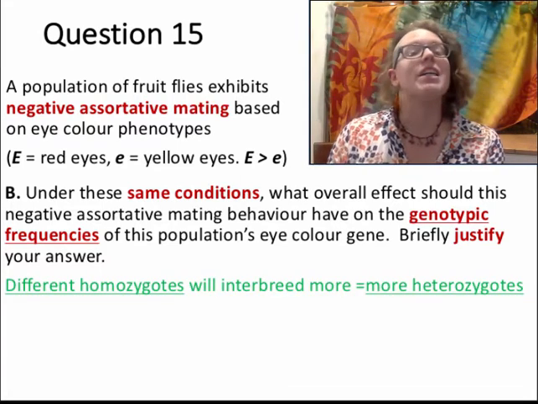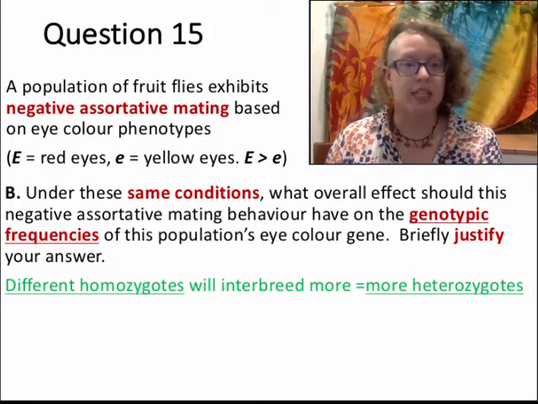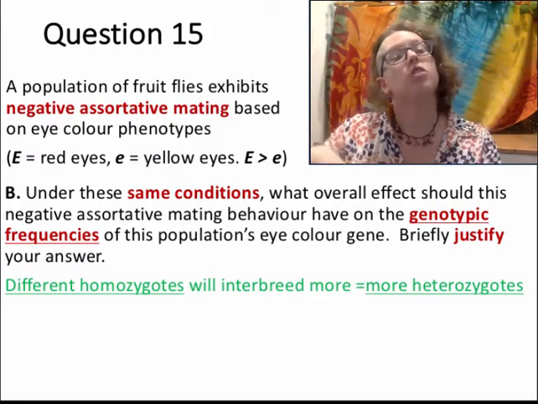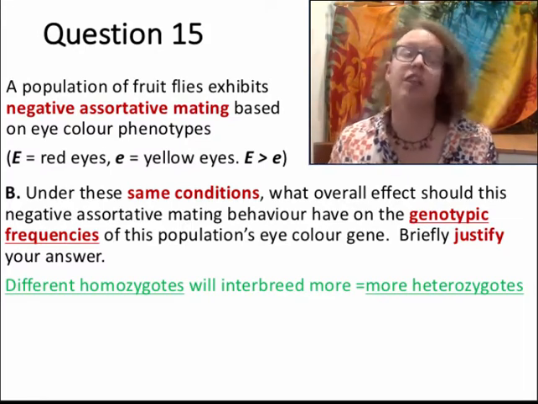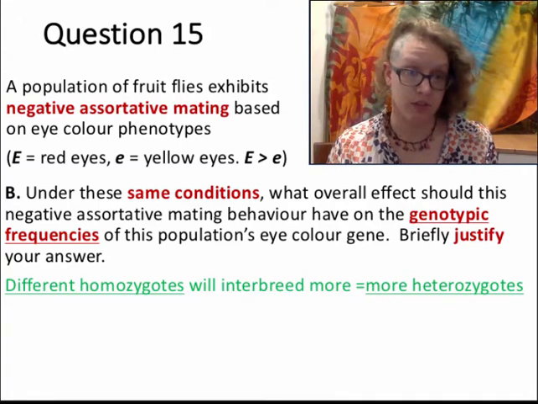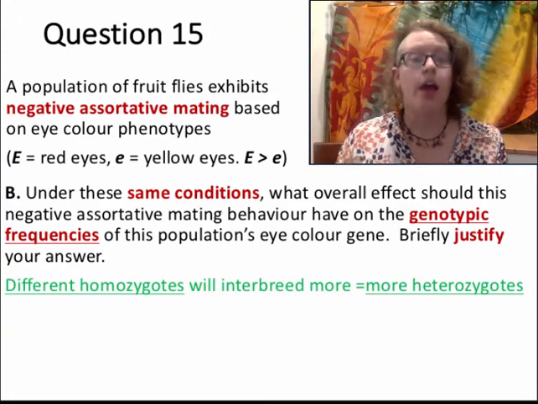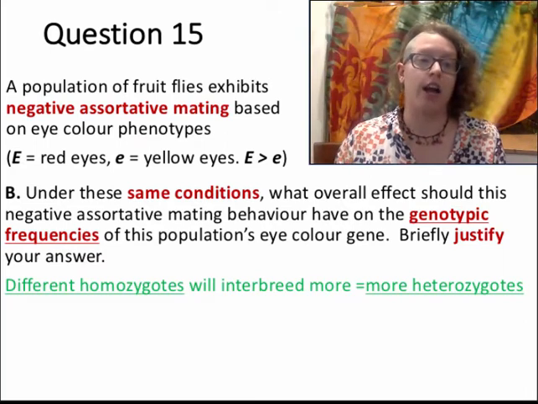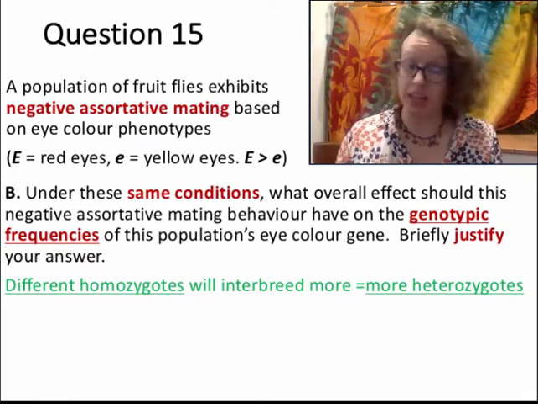when we're talking about negative assortative mating, that means that the flies are attracted to different phenotypes from themselves. So a red-eyed fly will be attracted to a yellow-eyed fly and more likely to mate with it.